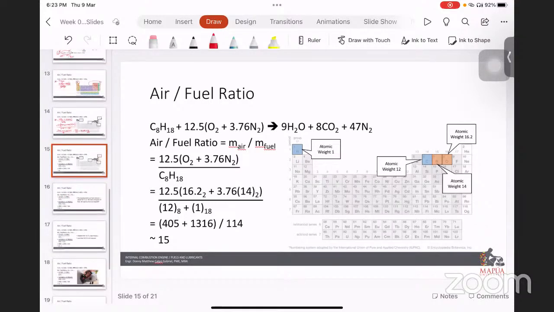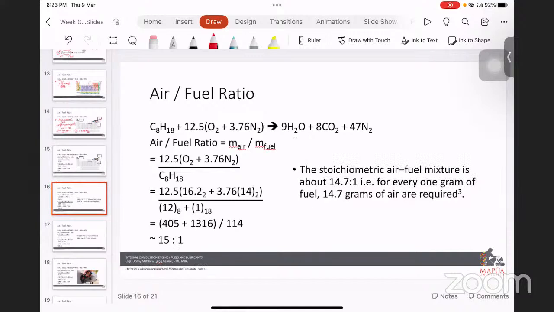Ngayon, pinag-usapan natin kanina, yung air natin is about 79% nitrogen, 21% oxygen. Now, in reality, hindi naman dalawang component lang yung air. Marami pa siyang components. If you consider the other components of air, yung air-fuel ratio natin bababa, kasi kukunti yung air natin makukuha siya ng ibang molecules.